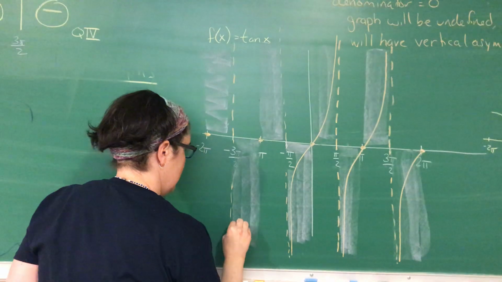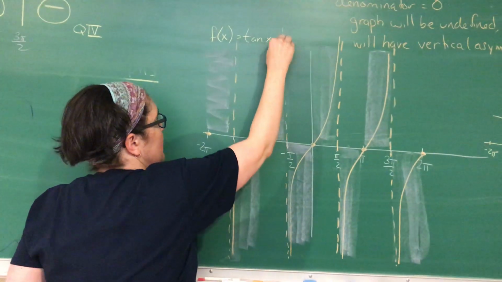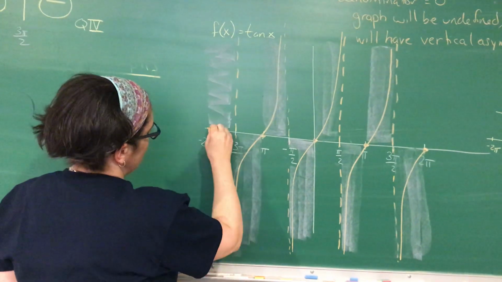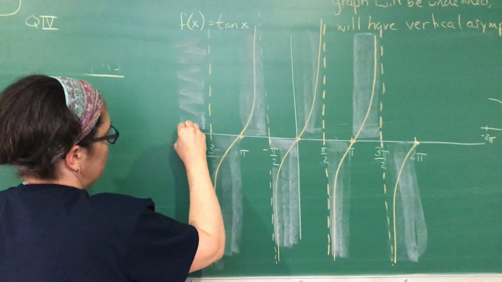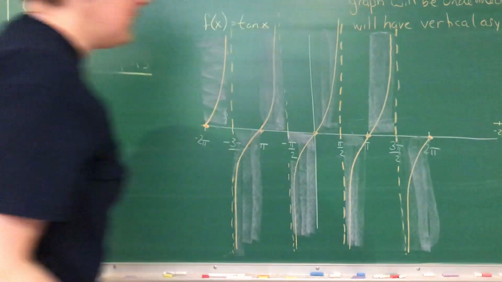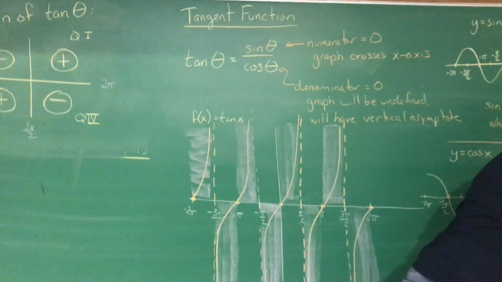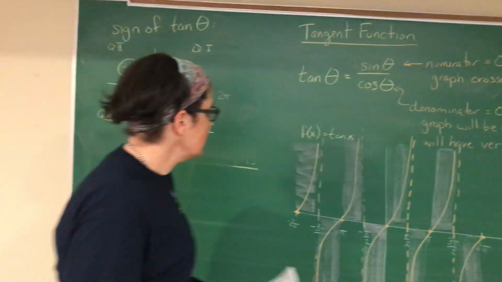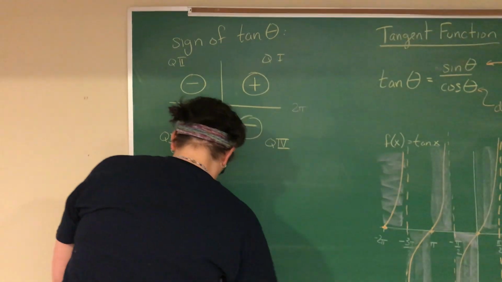So here we have another branch, and then finally I only have half of a branch here. It starts at negative 2 pi on the x-axis and pops right on up. And so we now have a graph of our tangent function. You want to get really good at drawing this graph of the tangent function, and you also want to think about some of the properties of this function.